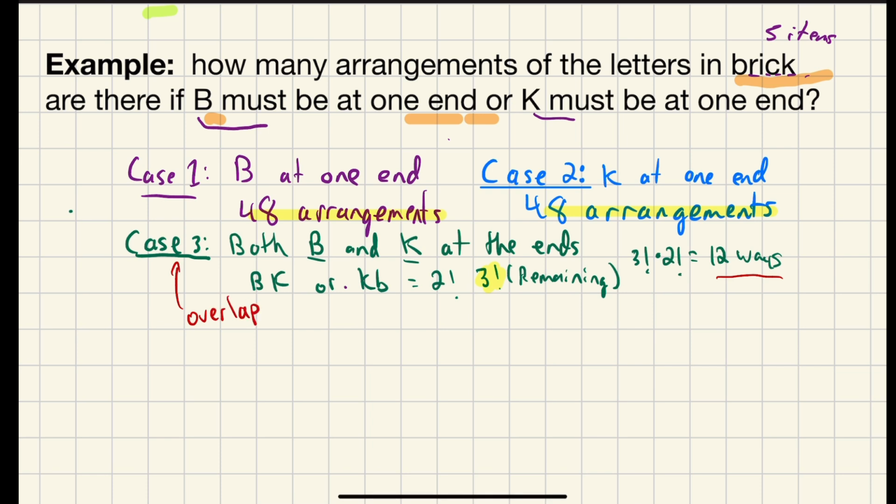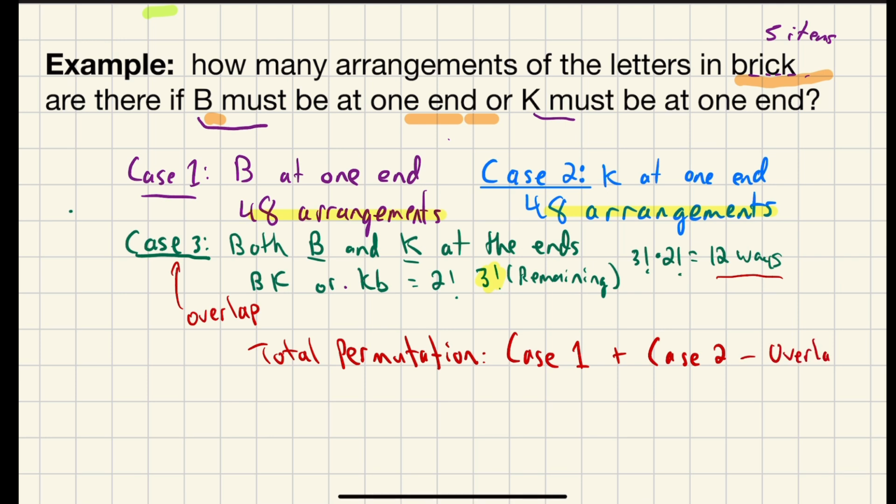So when we find our total permutations, we're going to take case 1 plus case 2, and then subtract the overlap.